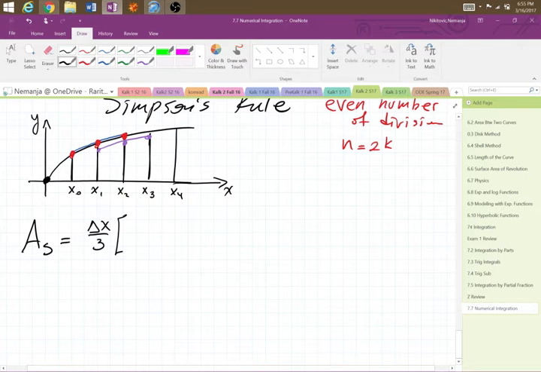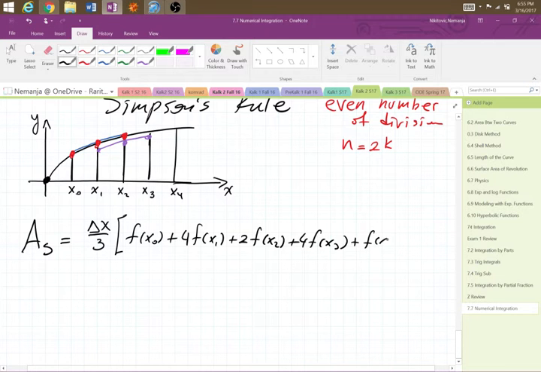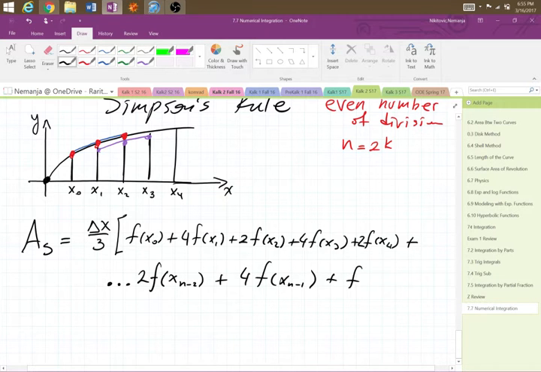So it has to start with a single f of x0 plus, and then it switches to 4 f of x1 plus 2 f of x2 plus 4 f of x3 plus 2 f of x4 plus dot dot dot 2 f of x n minus 2 plus 4 f of x n minus 1 plus a single f of x n, which is the last one, and then close.